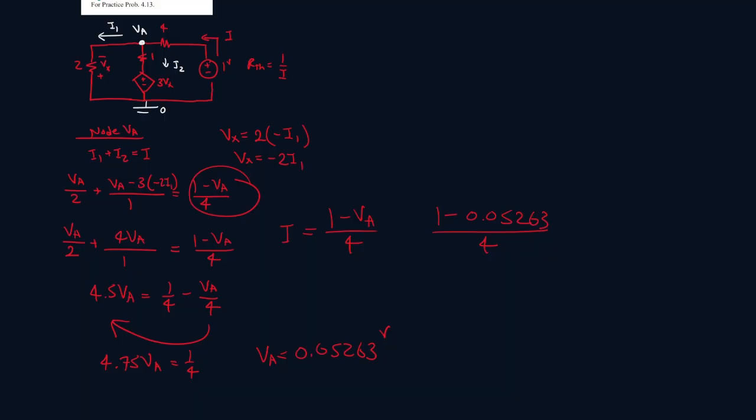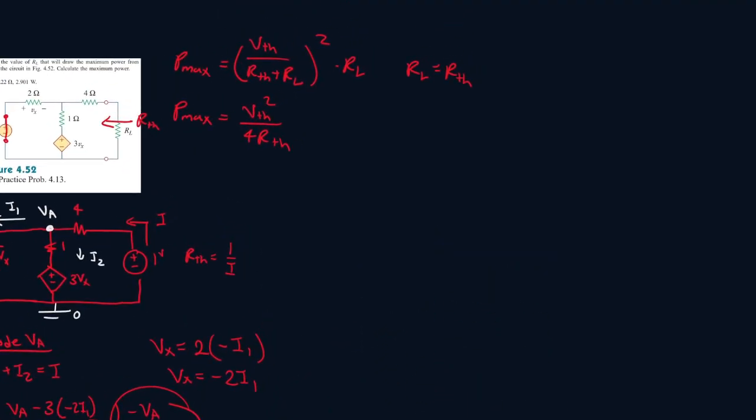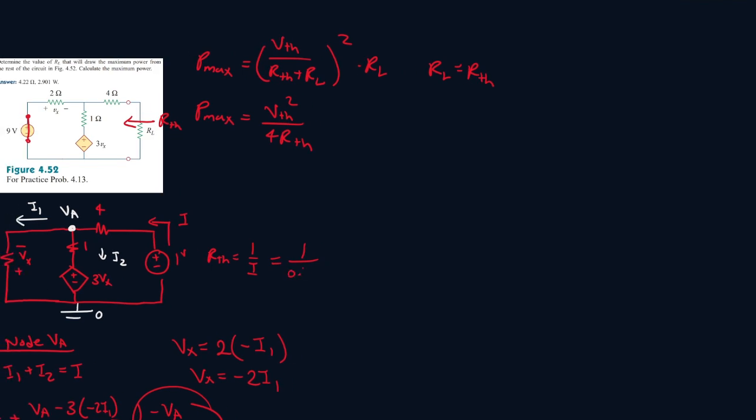That gives me 0.2368. That's my I value. So RTH will be 1 over 0.2368. So that's 4.222. So this is what RL has to be to draw the maximum power. RL will have to be 4.222 ohms.